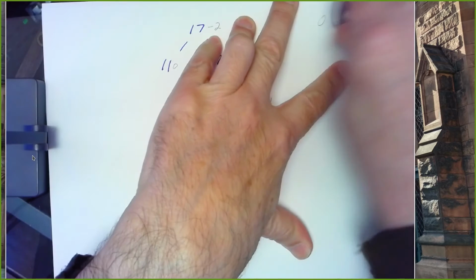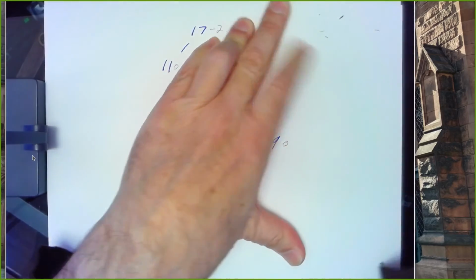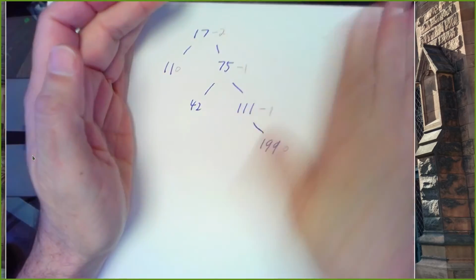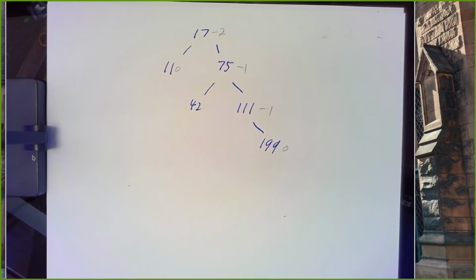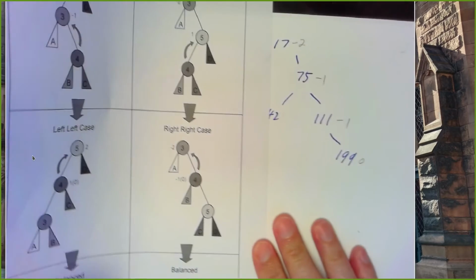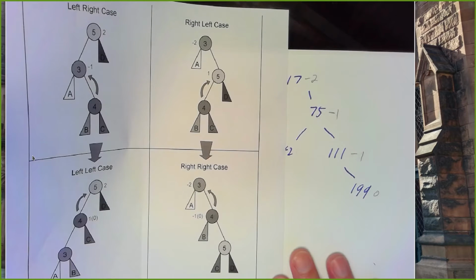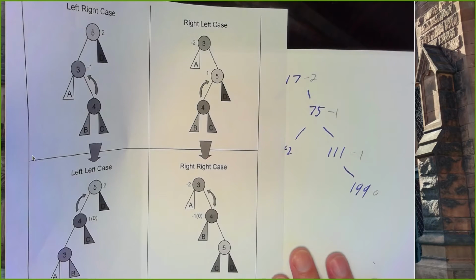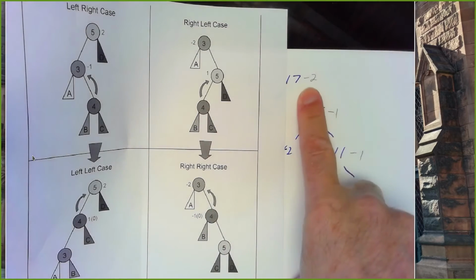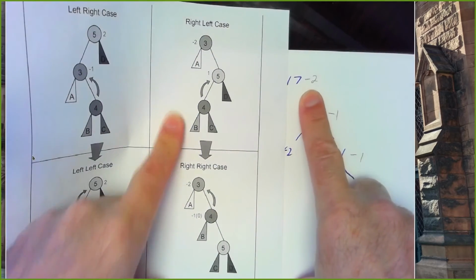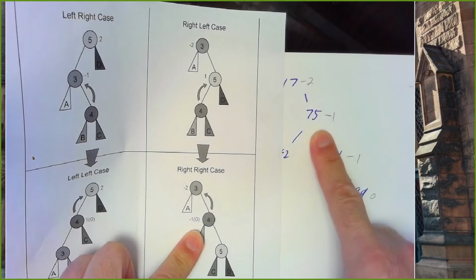All right, so we've hit a point where our tree is unbalanced again. And which case are we in now? Yep, this is the right case. Imbalance factor of -2 means it's one of these two cases, and the right subtree has a balance factor of -1 at its root.